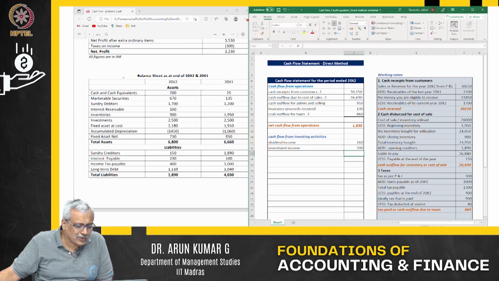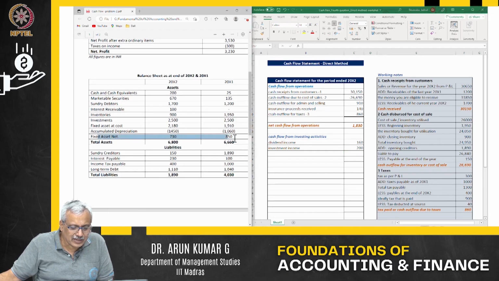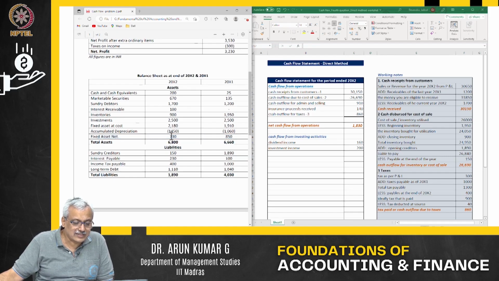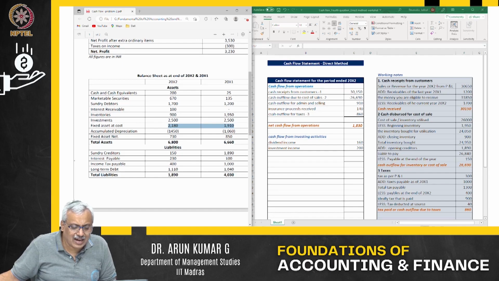Next, we will look at the investments you make. Obviously, you will make investments in fixed assets, net fixed assets, at cost. What is the fixed asset at cost?